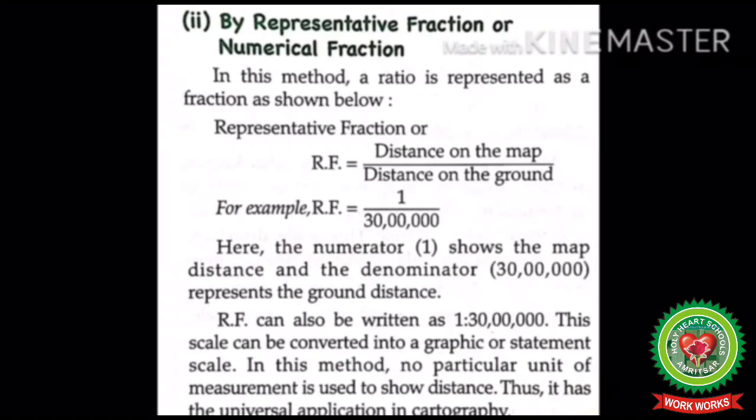RF can also be written as 1 ratio 30 lakhs. This scale can be converted into graphic or the statement scale. In this method, no particular unit of measurement is used to show the distance. Thus, it has universal application in cartography.